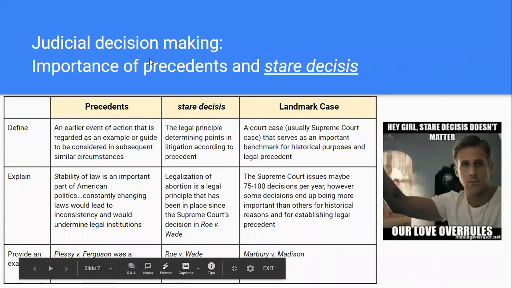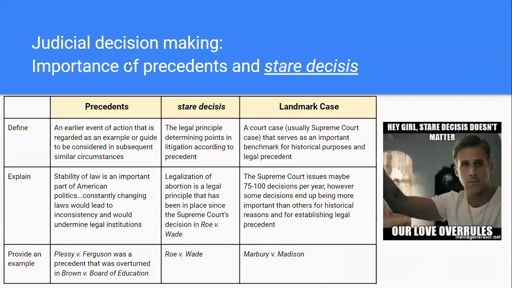All right. Importance of precedents and stare decisis. This is definitely important. Precedents are decisions made by the courts which set a precedent, set a standard for all of the other courts to follow. For instance, in Roe v.